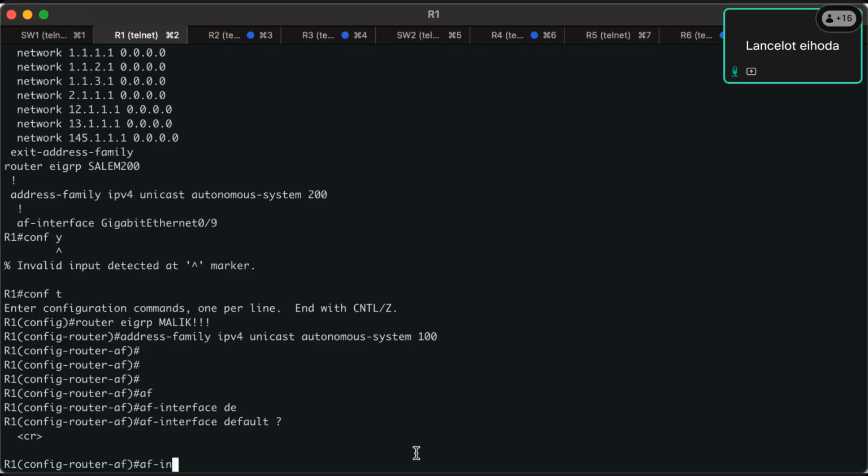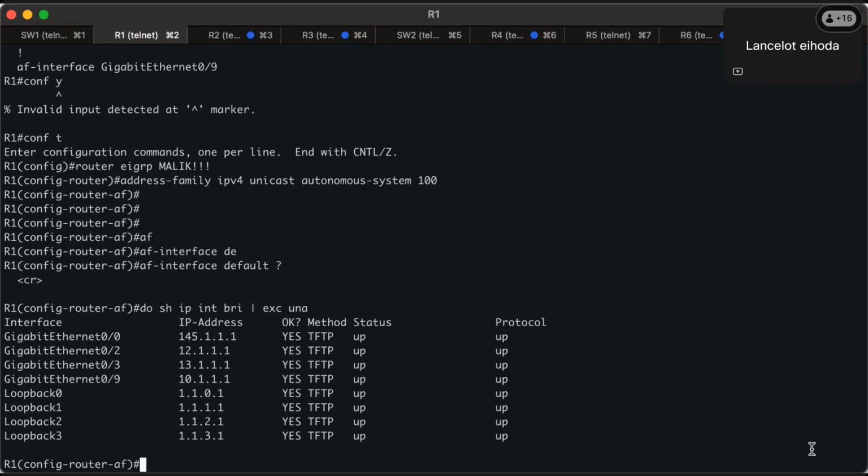So let's do a show IP interface brief again, and let's see. The question says we're looking for the interface that is in AS100.